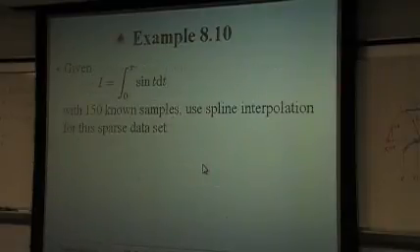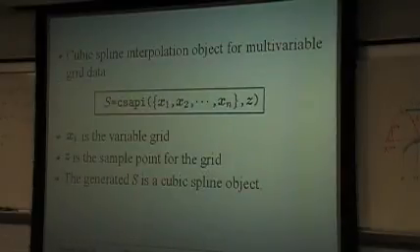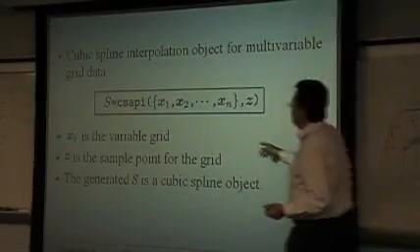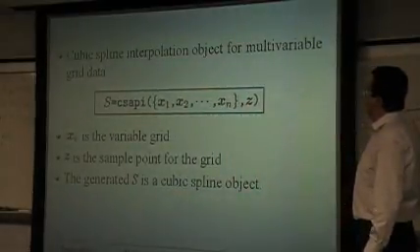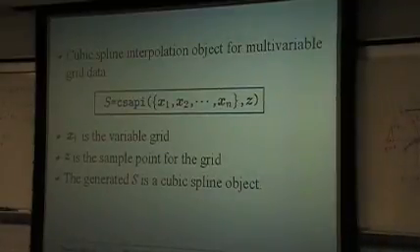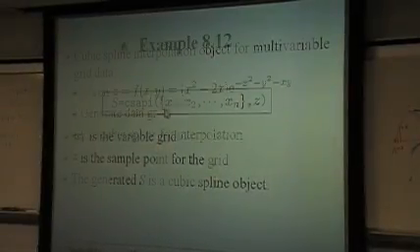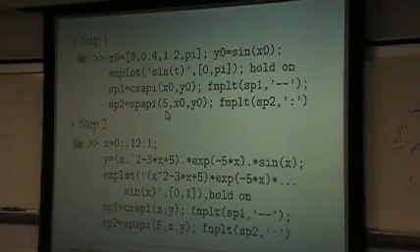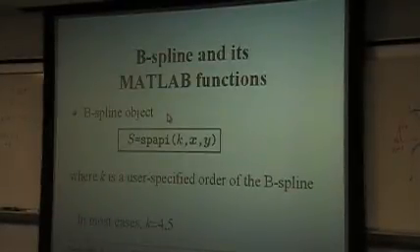If you have two-dimensional interpolation problems, or even high-dimensional problems, you can use a function call like this. And then you can use FNPLT to show the results. So this function and the other function for B-splines can be used for multi-dimensional or high-dimensional problems.